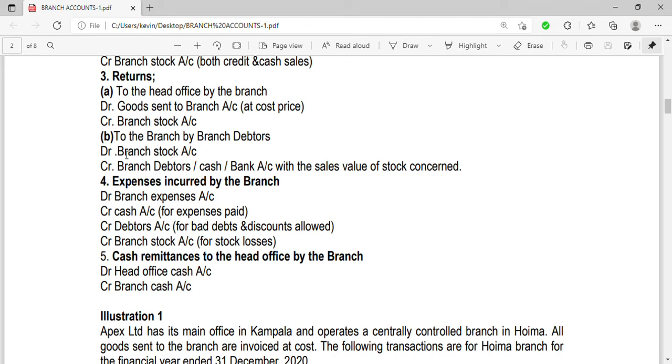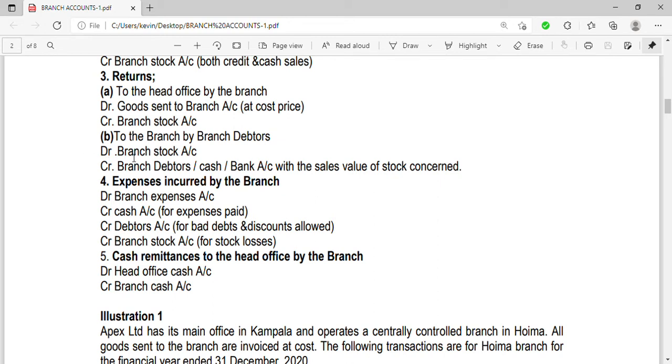Then, in case of returns to the branch by the branch customers, in case customers return the goods at the branch, here we debit the branch stock account. The stock is increasing. Customers took the goods out of the business, stock had reduced, but then they return them back, so stock is increasing.